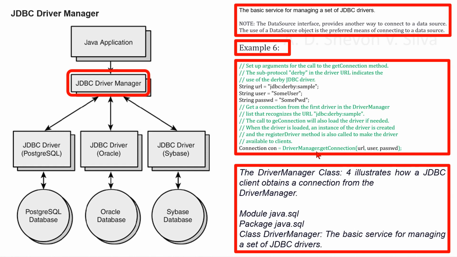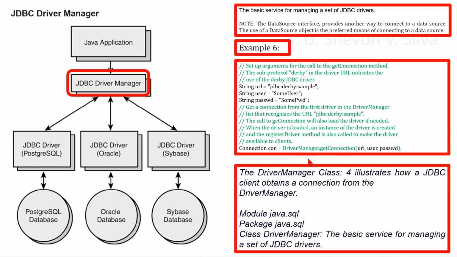The DriverManager class works with the Driver interface to manage the set of drivers available to the JDBC client. When a client requests a connection and provides a URL, the driver manager is responsible for finding the driver that recognizes the URL and using it to connect to the corresponding data source.